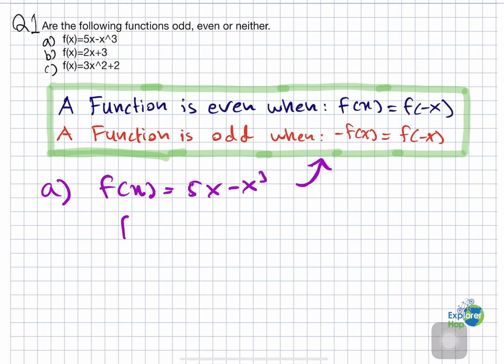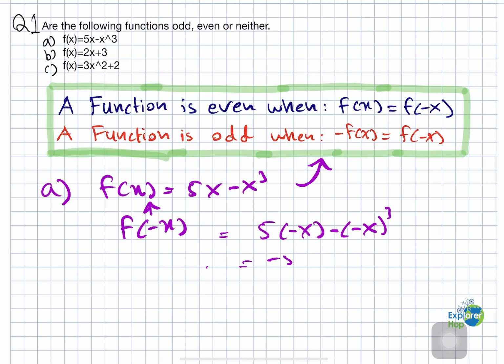So basically we plug in f of negative x over here, which would give us 5 times minus x minus minus x cubed.